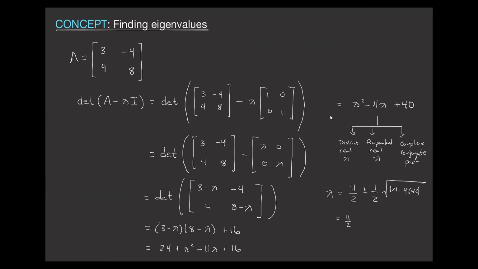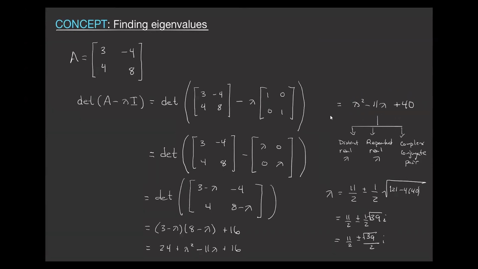If we compute that, we get negative 39, so the square root gives root 39 times i. So we get 11 halves plus or minus root 39 halves times i, a complex conjugate pair. But in the end, it all came from this polynomial, so setting up this polynomial will allow you to find what these are.